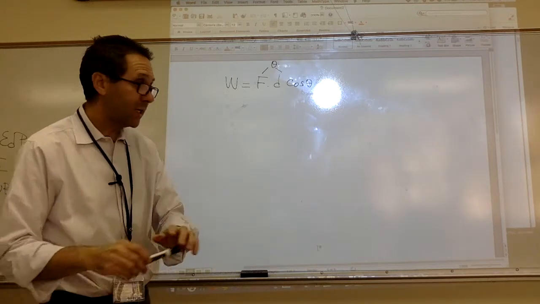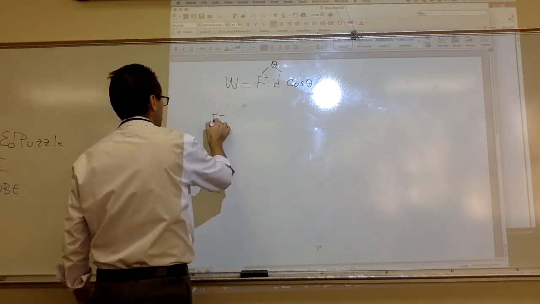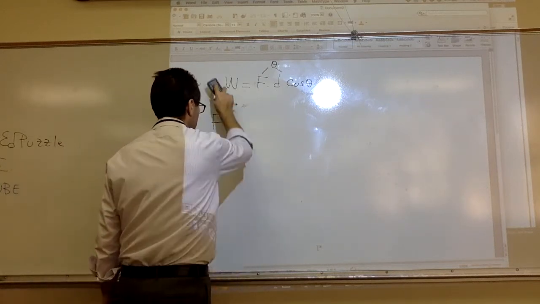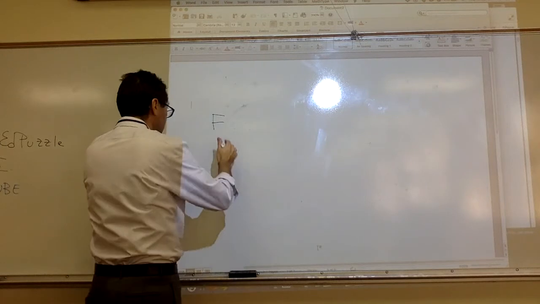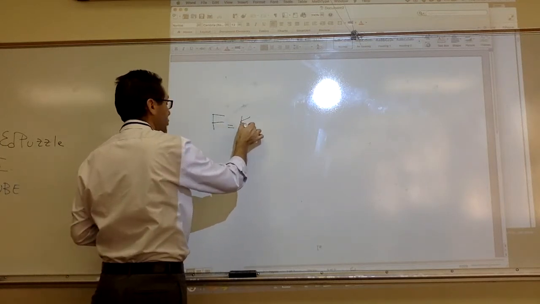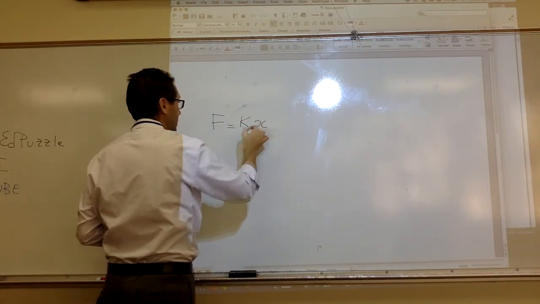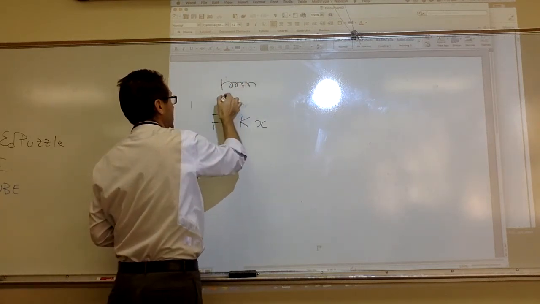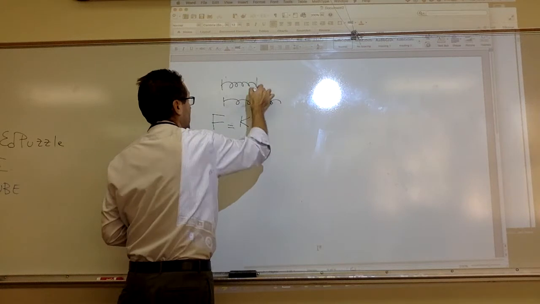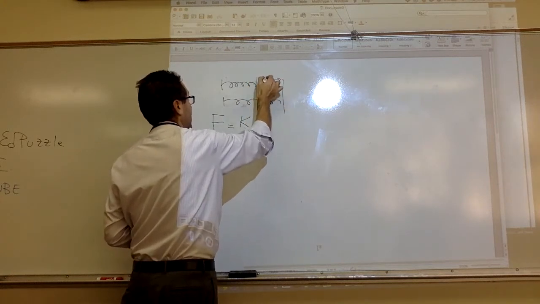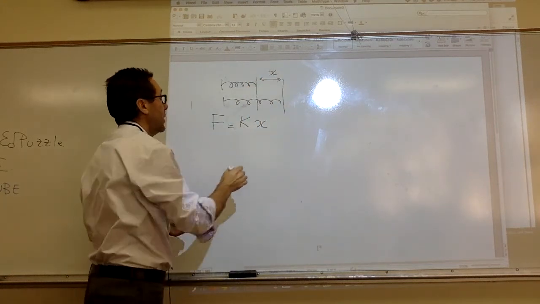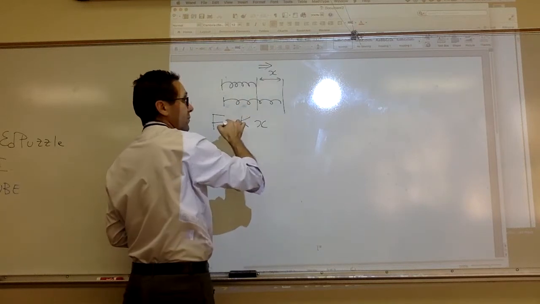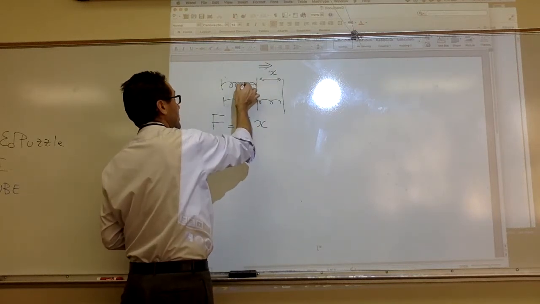So in this case here, the force is no longer constant. And we'll do a lab on this, and you're going to see that the force is actually directly proportional to the amount of stretch that I call x. So if the spring was like this in the beginning, and I stretch it, and it gets to here, this is the x. Okay? So I'm stretching it to the right, but the spring is trying to go back.